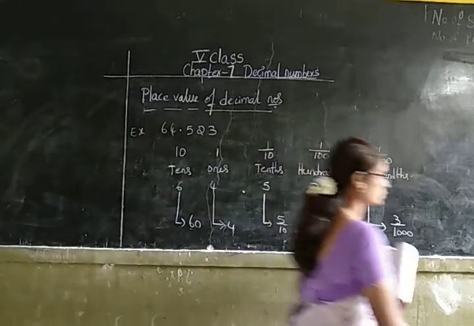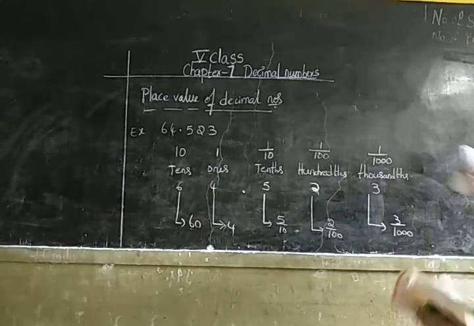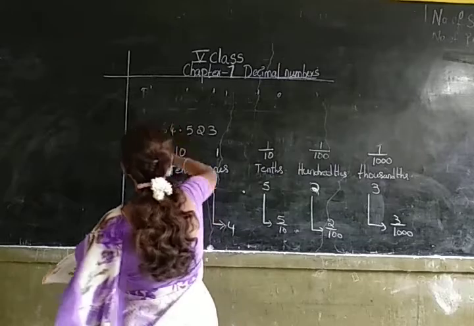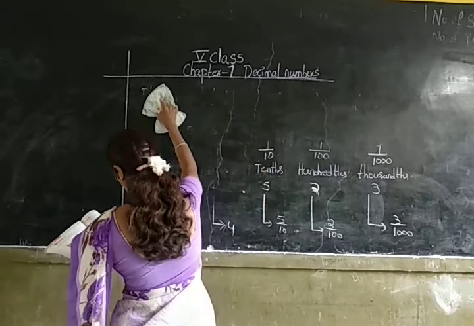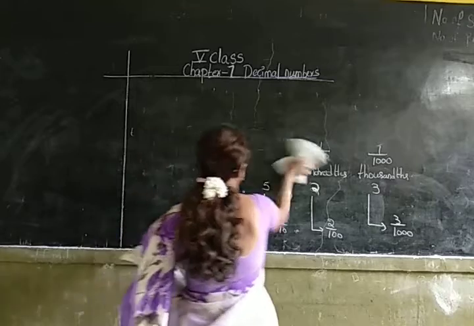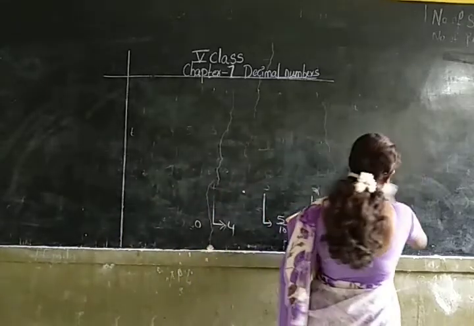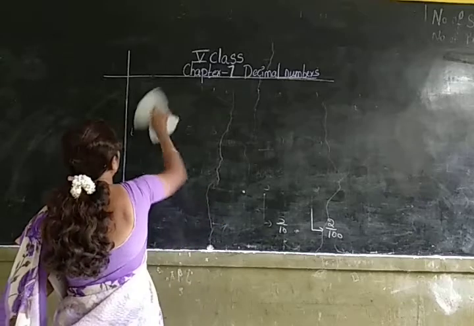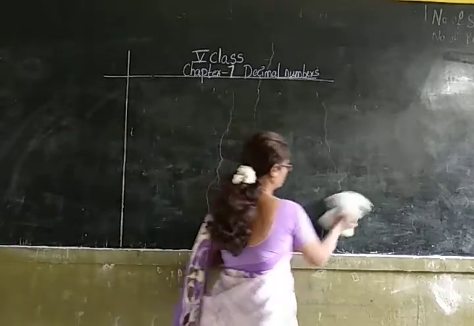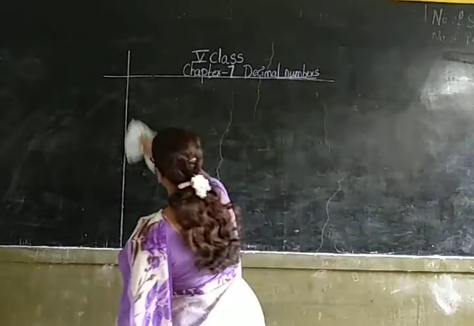This is about the place value chart. This is the way of representing a decimal number in the place value chart.